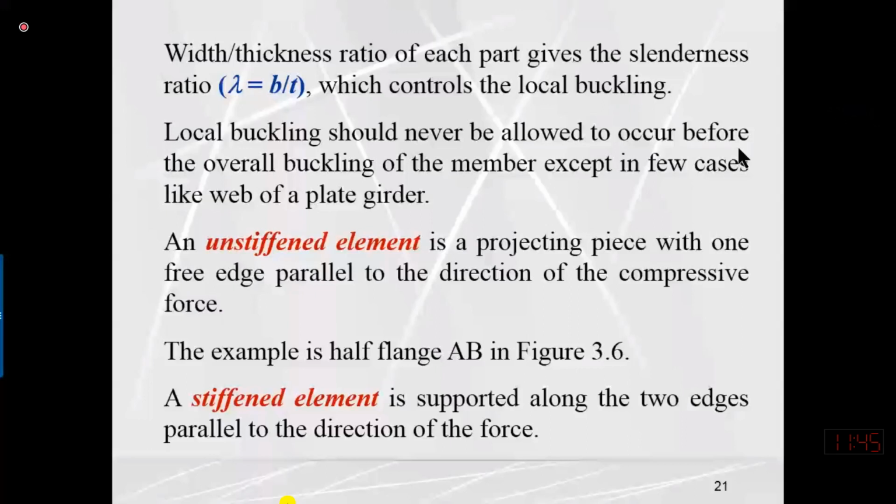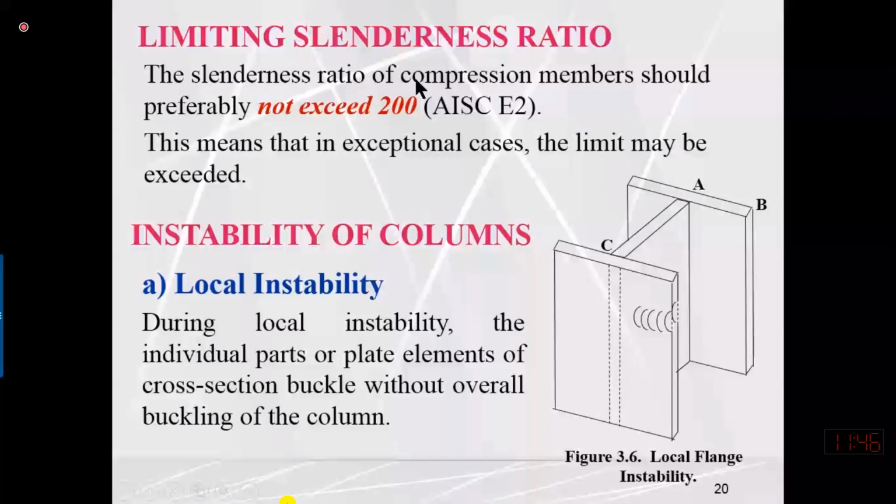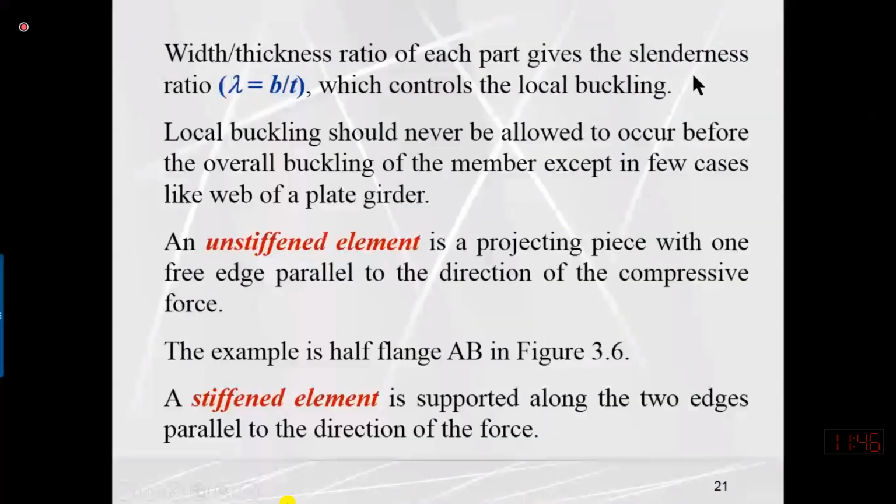Just like the limit of 200 given by AISC for overall buckling, we have limiting lambda values for stiffened and unstiffened elements. What is the lambda value? B over T, the width over thickness ratio of each part, gives the local slenderness ratio, which controls local buckling. Local buckling should never be allowed to occur before overall buckling of the member, except in a few cases like web of a plate girder, which we will see in plate girder design.